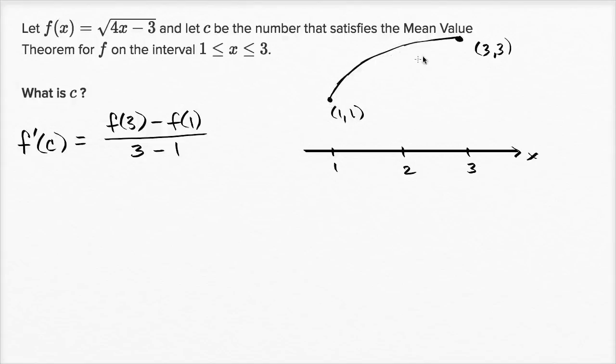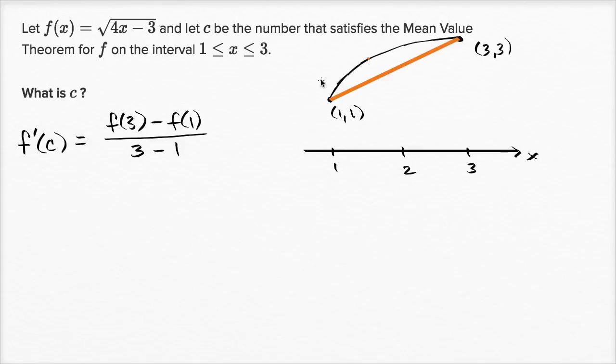So if you think about the slope of the line that connects these 2 points, so this line that connects those 2 points, all the mean value theorem, I'm going to do that in a different color, all the mean value theorem tells us is that there's a point between 1 and 3 where the slope of the tangent line has the exact same slope.